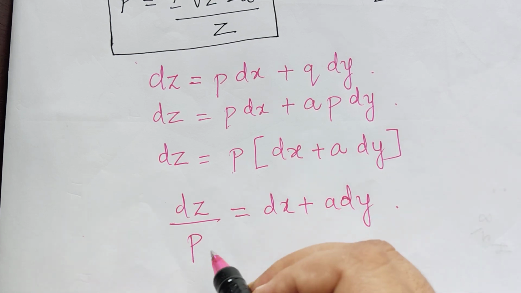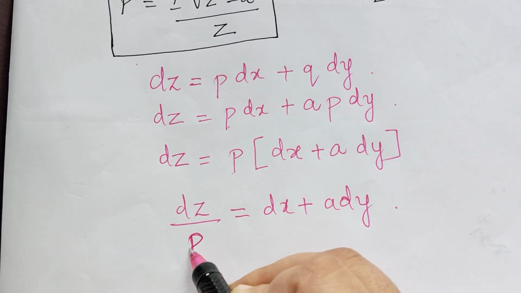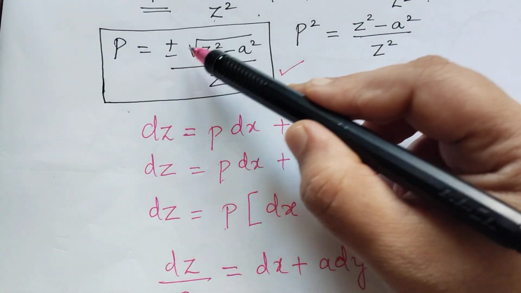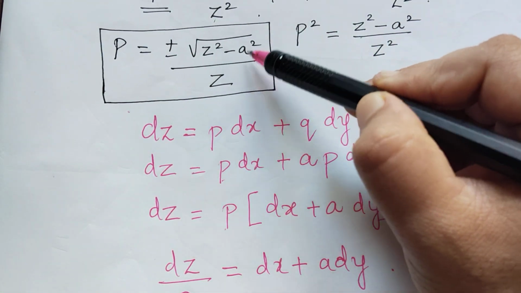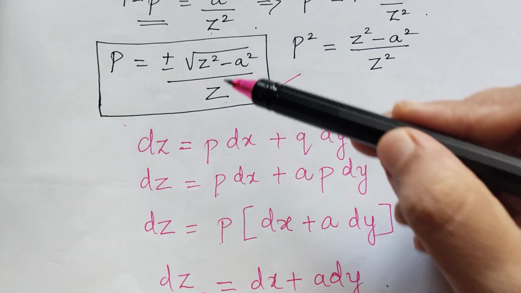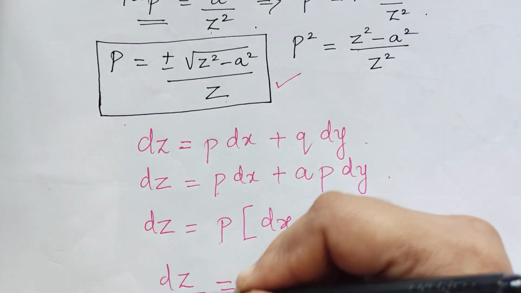Now we shall make a substitution, that is, at the place of p we shall substitute its value that we have found, which is plus or minus square root of z squared minus a squared divided by z. Here we have p in the denominator, and so we have to take the reciprocal of this and substitute here.